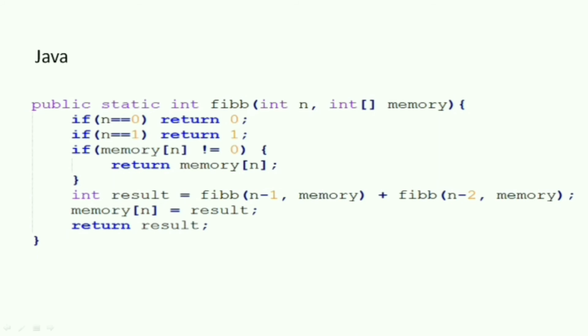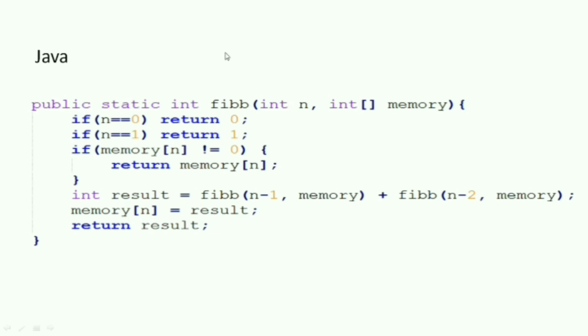This is the Java version of the code for the Fibonacci number using the top-down approach of dynamic programming. Here we have used two parameters: an integer n that denotes the nth Fibonacci number, and a cache memory, which is generally a 1D array named memory. First of all, we check our base conditions: if n is equal to 0 or n is equal to 1, then we return 0 and 1 respectively.